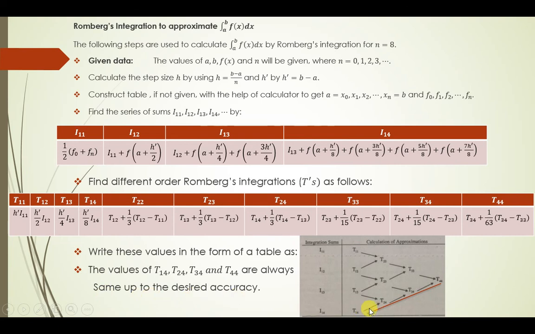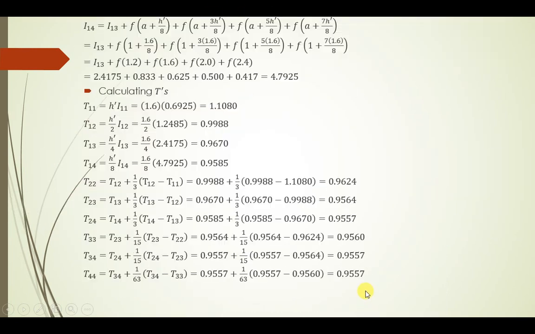The values of these T's, this diagonal, the last diagonal, from the last value up to the first value of this column, these values will always be equal to some desired accuracy. So this value will be considered the approximate value of this definite integral.